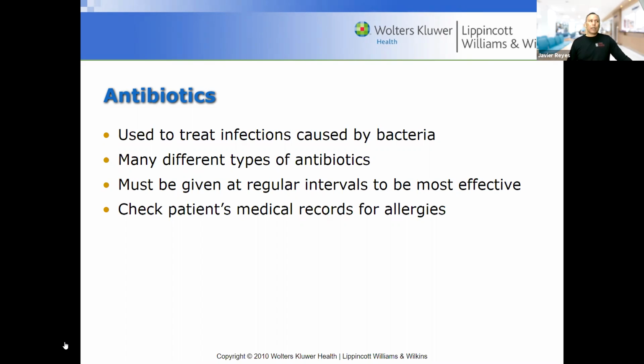These antibiotics must be given at regular intervals. Every medication, including antibiotics, has what we call a half-life. So let's say a medication is given every 8 hours. Take this antibiotic, let's say cephalexin, 500 milligrams, 3 times a day. Why 3 times a day? Because these antibiotics have a half-life, meaning that in about 4 hours, which is half of the 8 hours, they're going to be peaking in the bloodstream.